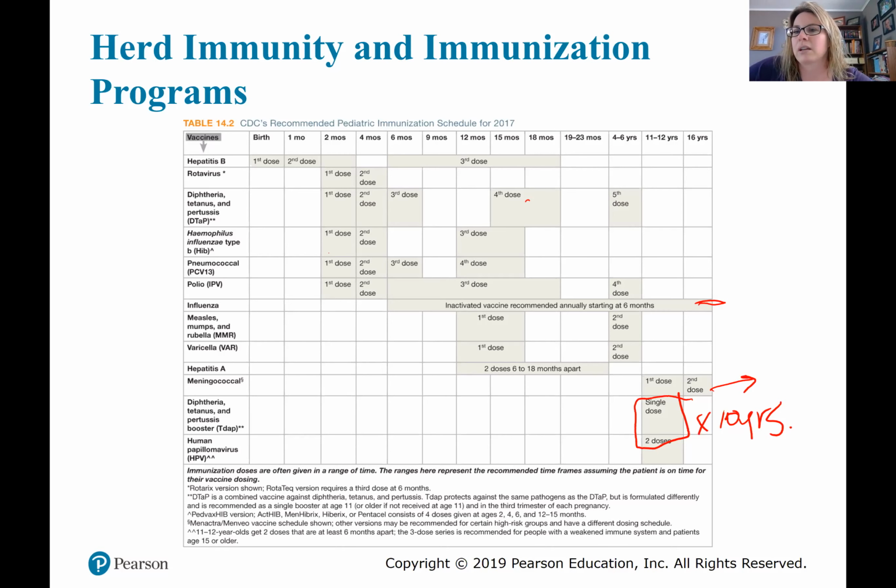Remember antigenic shift and drift? The 1918 Spanish flu was a result of genetic drift, where we had some major recombination of antigens on the flu.